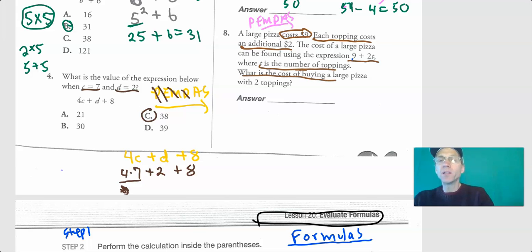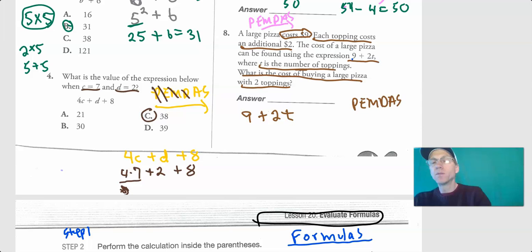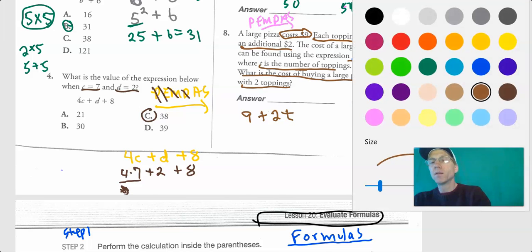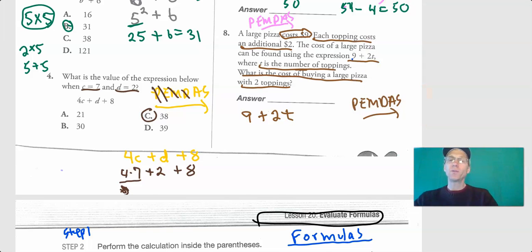What's the cost of buying a large pizza with 2 toppings? So here it is, 9 plus 2t. Now, it says, what's the cost of a pizza? So it's $9, and they're going to have 2 toppings.